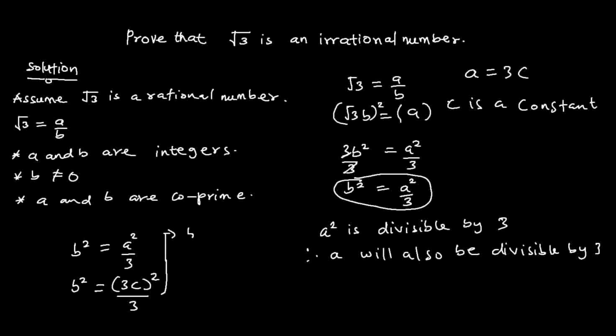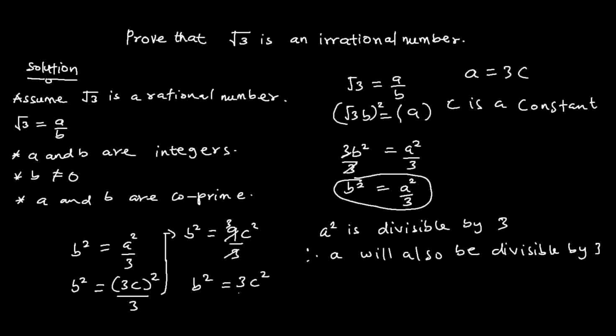So this will give me b squared to be equal to 9c squared divided by 3. This 3 will cancel out this 9 here. So at the end you have b squared to be equal to 3c squared.